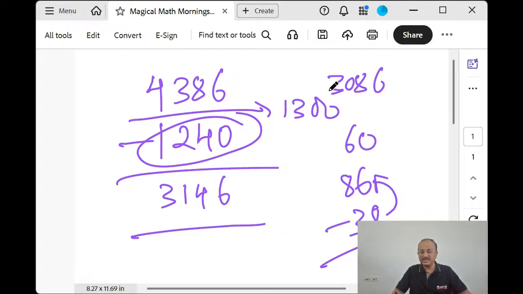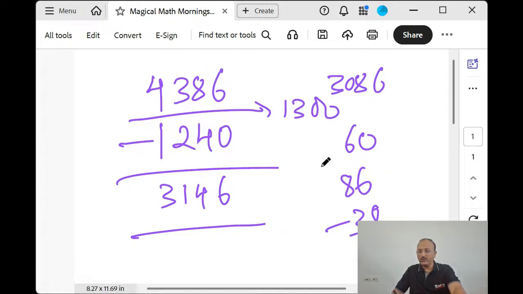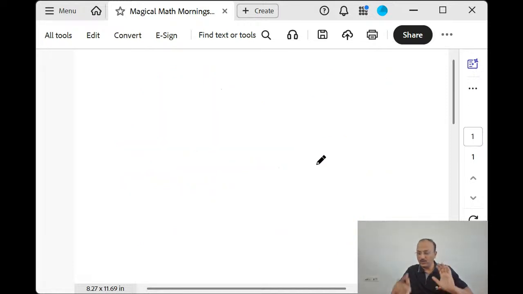Okay, practice a little bit, and tomorrow we are going to learn subtraction through addition by some variations. Meanwhile practice the 3 methods. One is Nikhilam Navatashcaramam Dashatah, how we subtracted using the Nikhilam Sutra, and second one is just by converting it to addition.